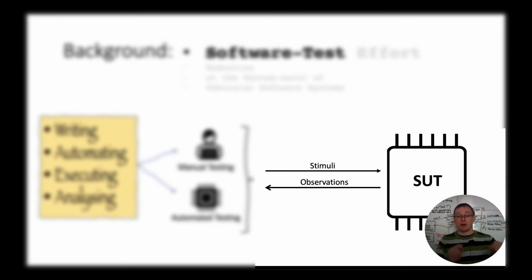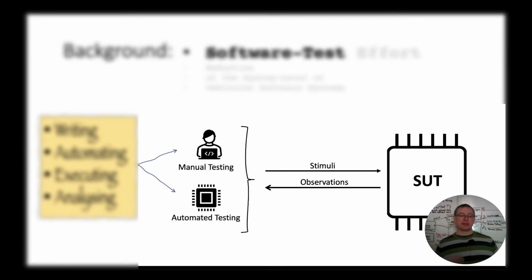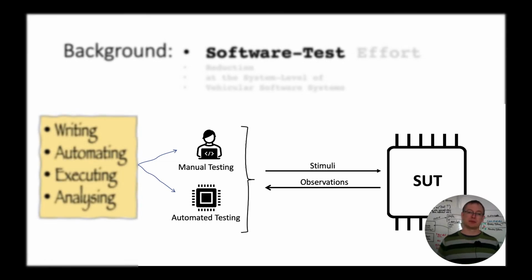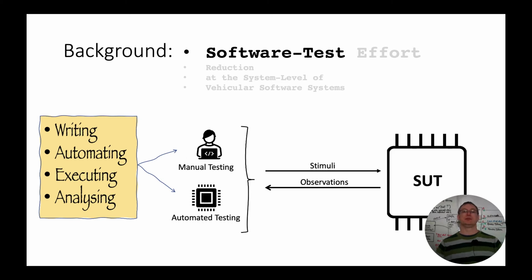For example, you push buttons and you pull levers and things like that. And then you wait a little bit and then you observe how the software responds to this stimulus. This can be done manually, as exploratory testing, or you follow a protocol, or you can do this automated using a script and a computer that sends stimulus to the system and observes the reactions.